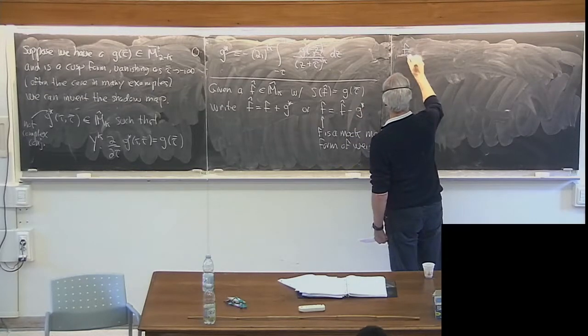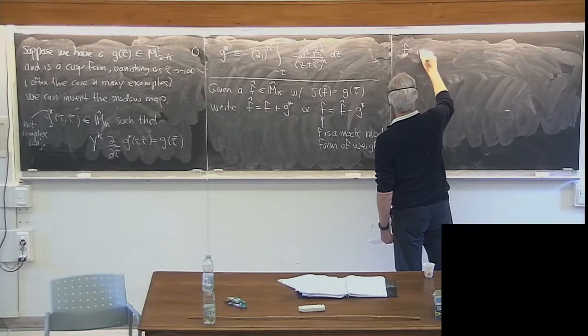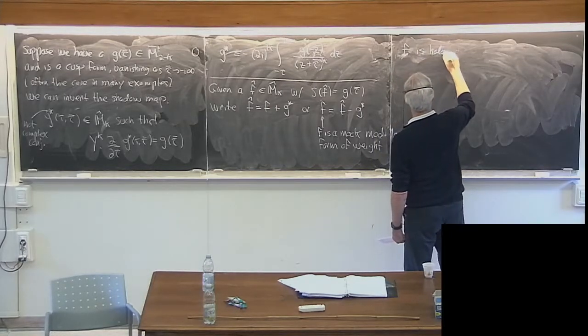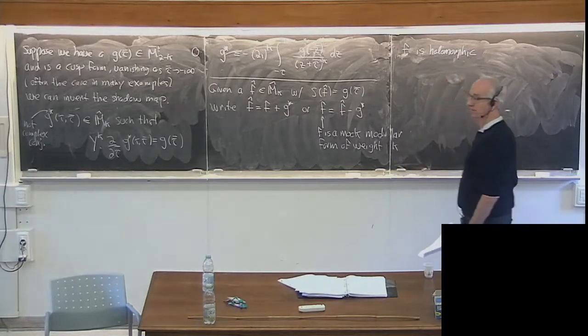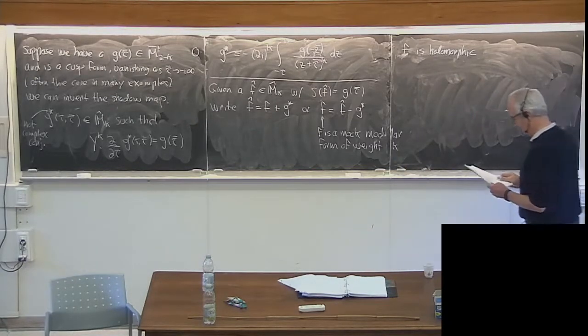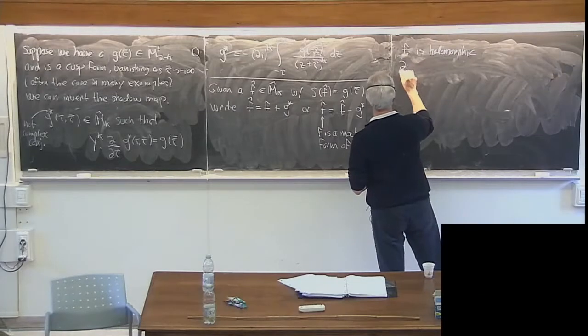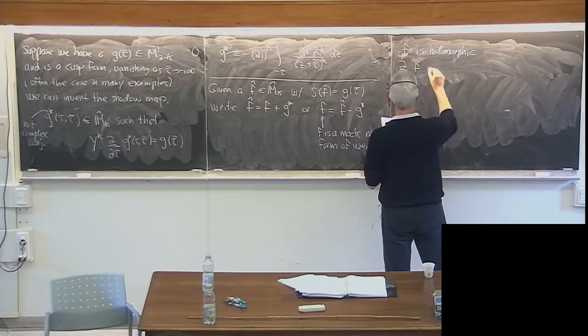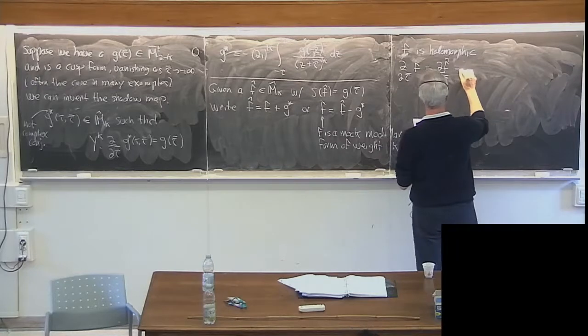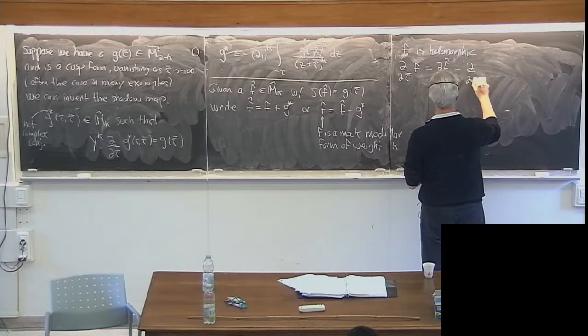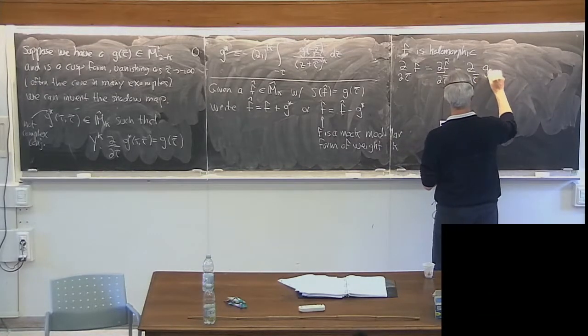So F, first of all, is holomorphic, even though F hat is not. And that's a simple calculation. We compute d by d tau bar of F. That's d by d tau bar of F hat minus d by d tau bar of this object I'm calling G star.